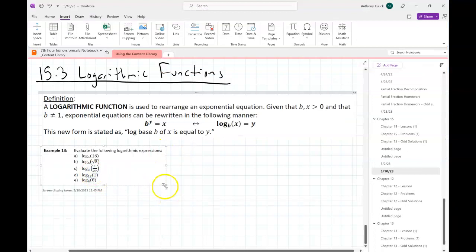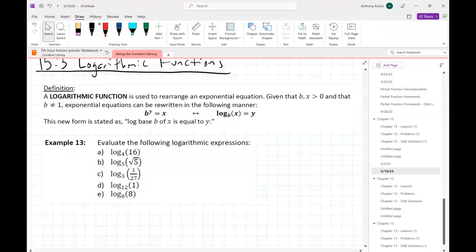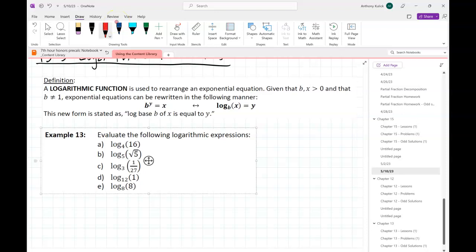Let's do a couple of numeric examples just to review how to use this definition. I'm going to start by saying log base 4 of 16 is equal to a.